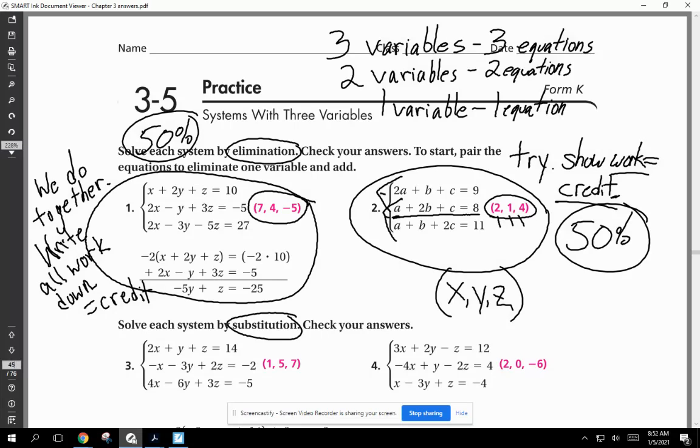You take that answer and plug it into one of your 2-variable equations and solve for that one. Then you take the 2 variables you have the answers for and plug them into the 3-variable equations, and you'll get the last variable's answer. That's how we do it.